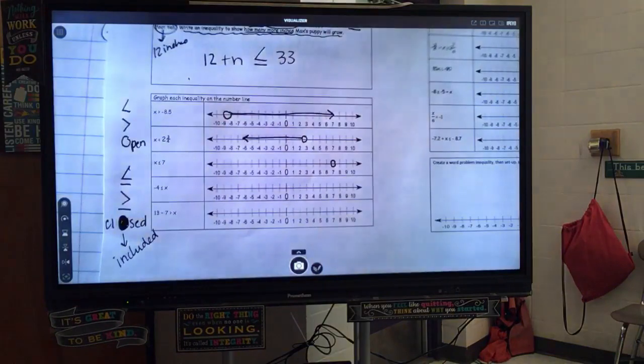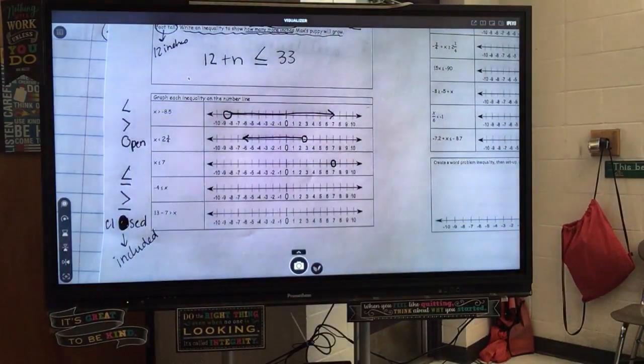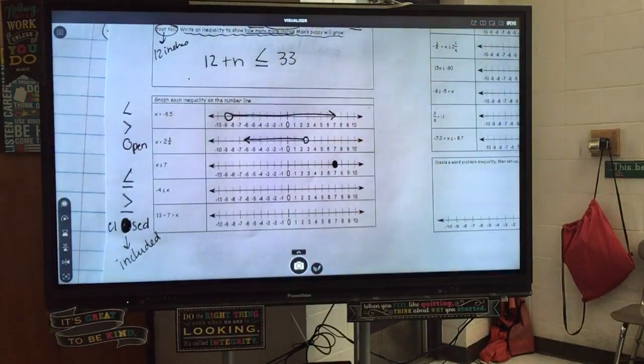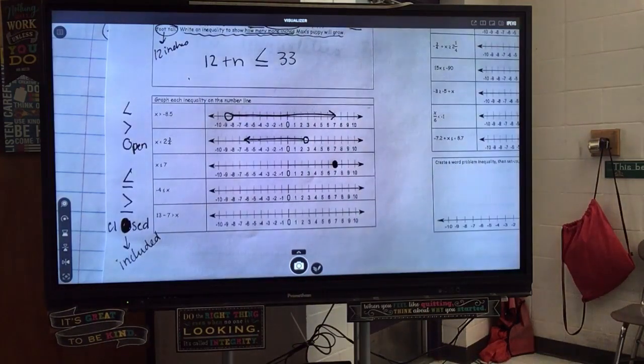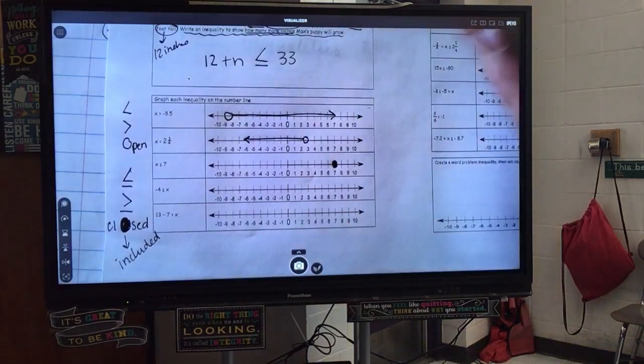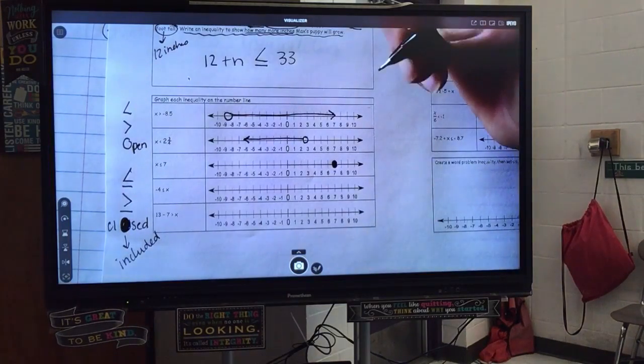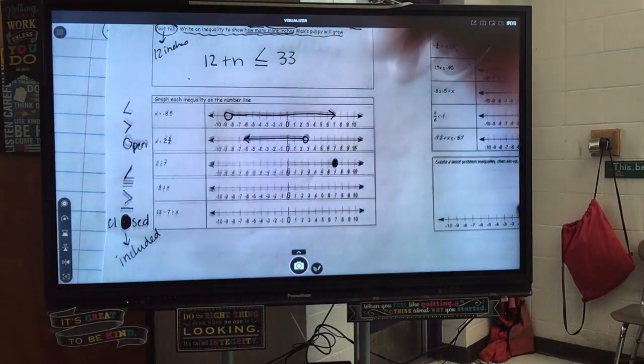Can I include 7 in that statement? Yes. Because if I say 7 is less than or equal to 7, that makes it true. Alright, so you are going to close your circle. And then Jeremiah, am I going to the left or to the right? You said that with a question mark. So pick a number to the left and plug it in and see if it makes the statement true.